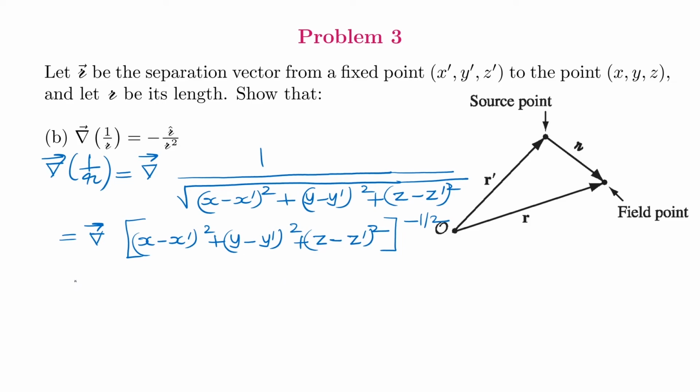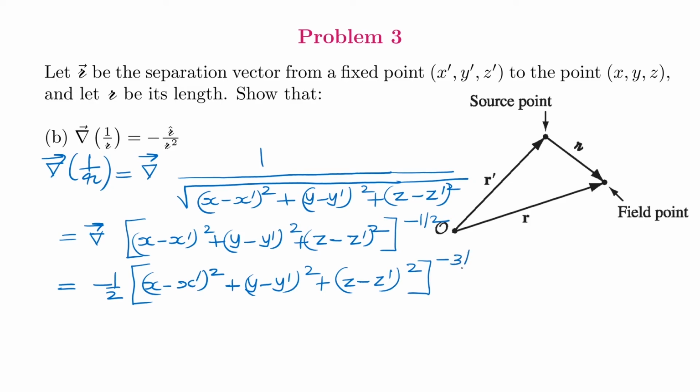When we do the mathematical operations, we'll get minus 1 by 2 times (x minus x') the whole squared plus (y minus y') the whole squared plus (z minus z') the whole squared, the whole power minus 3 by 2, times 2(x minus x') x hat plus 2(y minus y') y hat plus 2(z minus z') z hat.